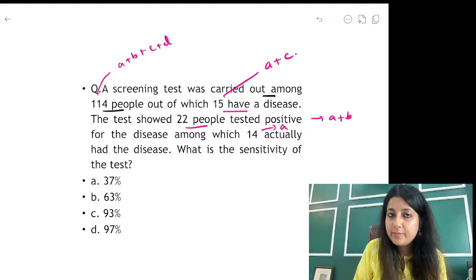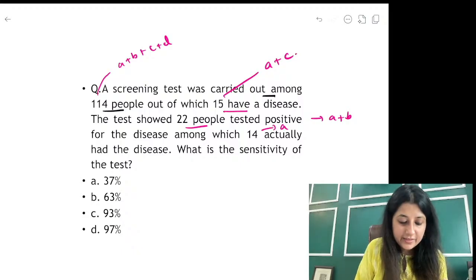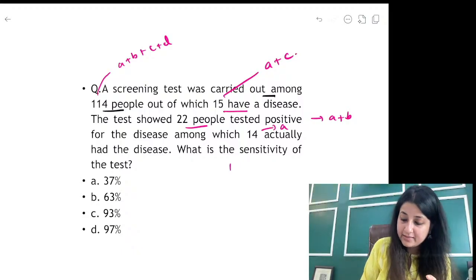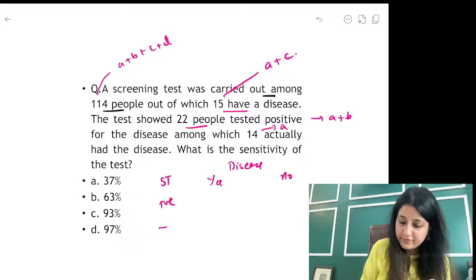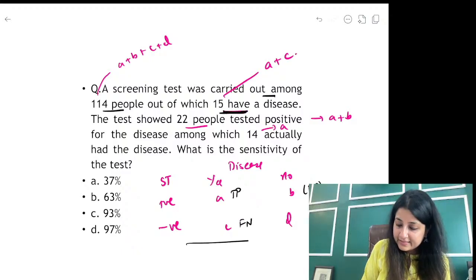Think again, everybody: what is the sensitivity of the test? Let me make it for you once again. This is disease, yes, no. This is the screening test, positive, negative. A, B, C, D, that is your TP, FP, FN, TN. 15 have the disease, that means 15. 22 people tested positive, that means 22.